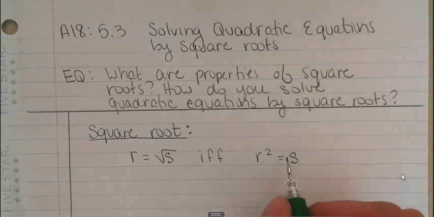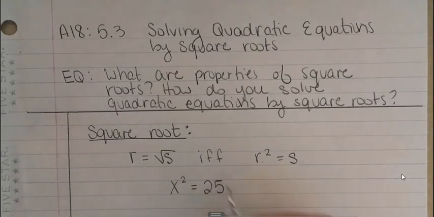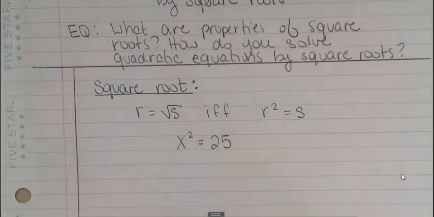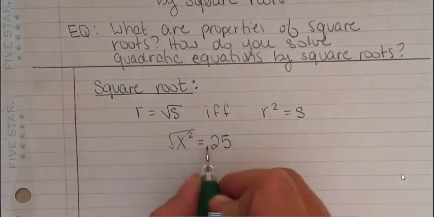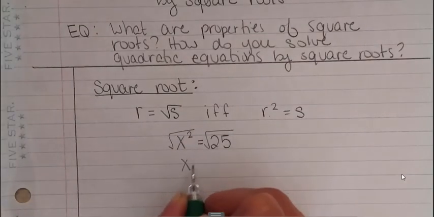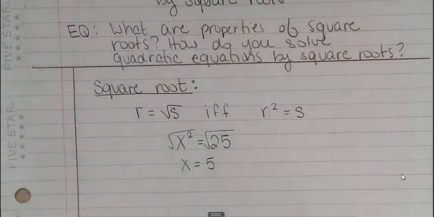The trick is, so let me give you a trick. What if I said that x squared equals 25? And then what is x? Well, if I square rooted both sides to get x by itself, you would say x is 5. But is that the only number that I can square to get 25?